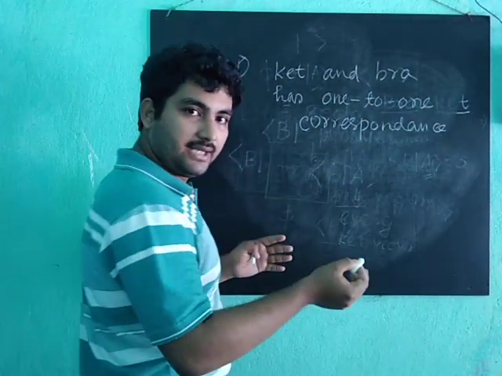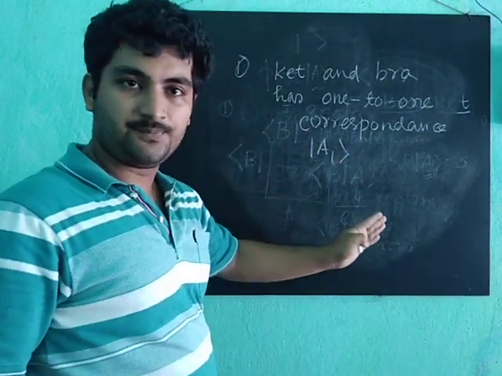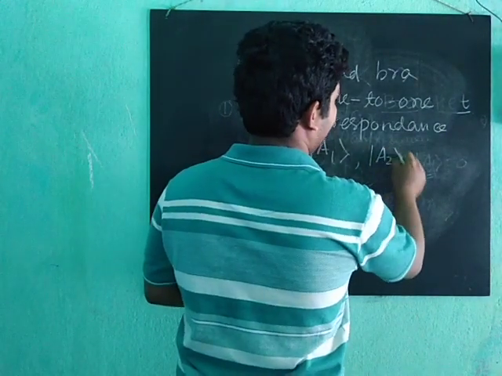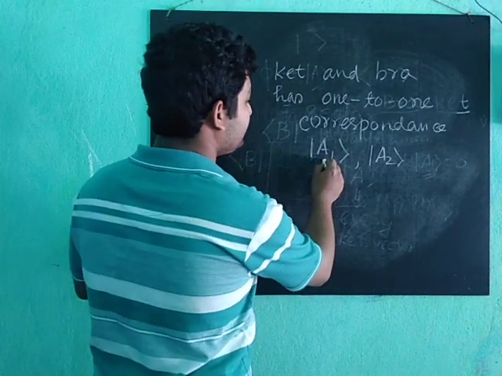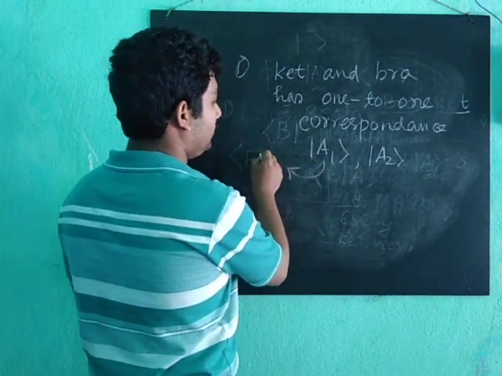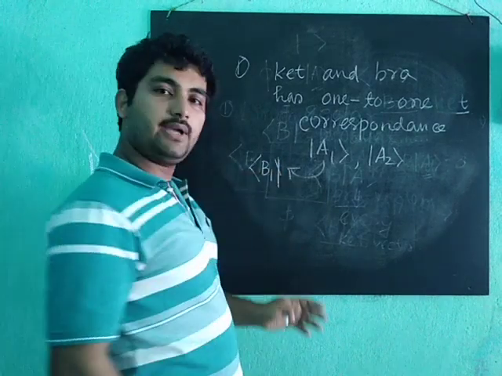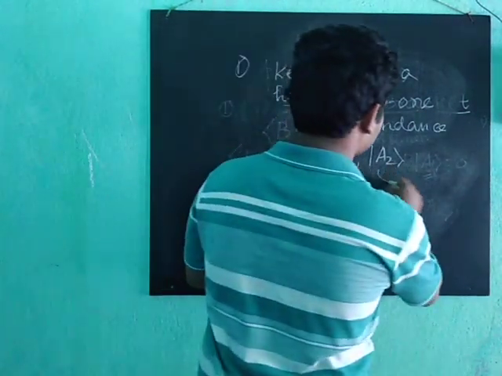Suppose I have a ket vector A1 and I have another ket vector A2. And the bra vector corresponding to the ket vector A1 I suppose is B1. And the bra vector corresponding to the ket vector A2 is B2.